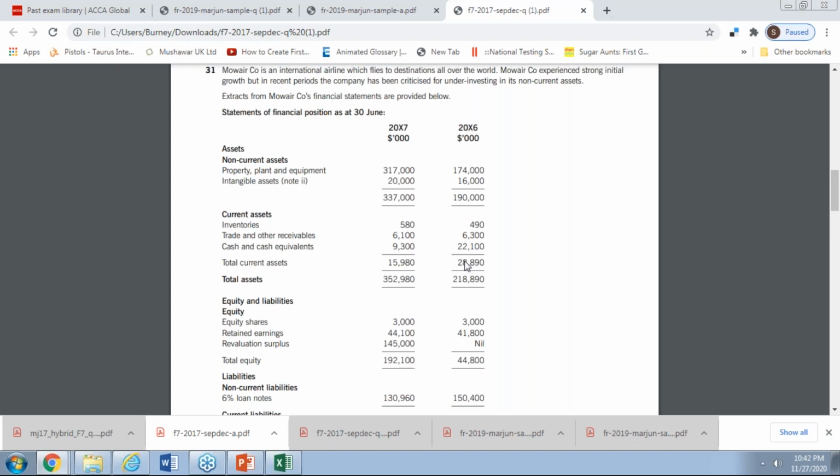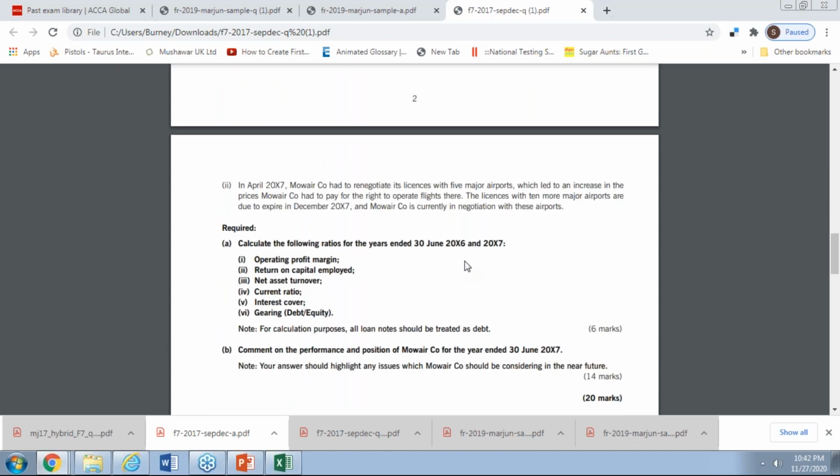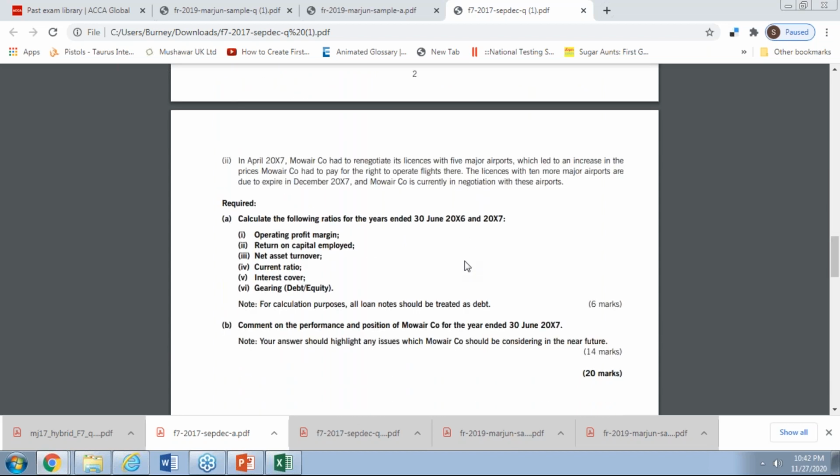Simultaneously it is a service industry, so there will be no cost of goods sold, and the gross profit figure will be irrelevant here. Students often ask me what to do if the question does not tell us which ratios to calculate. I normally suggest these 6 to 7 ratios to calculate if the question does not specify what ratios to calculate.